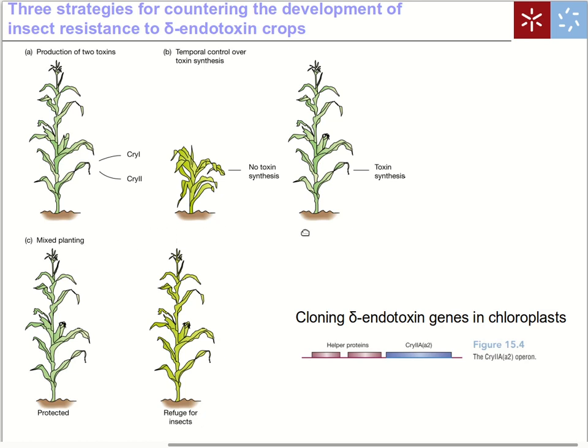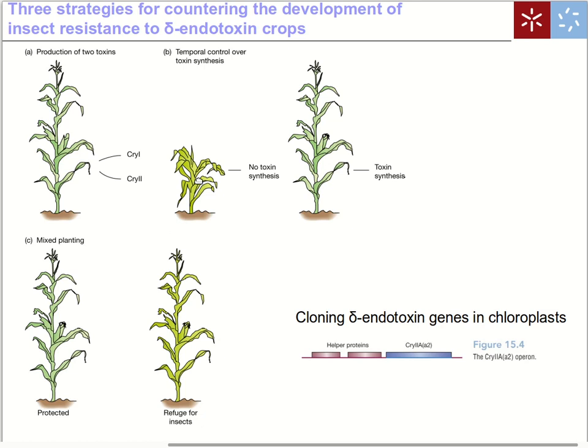The other strategy here is simply reducing the exposure of the insects to the toxin by regulating the production of toxins so that the plants become toxic only when needed. So in this example, you can accept some damage to the plant early in its life cycle.